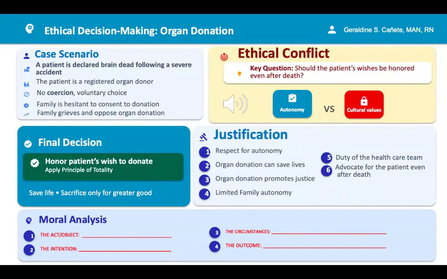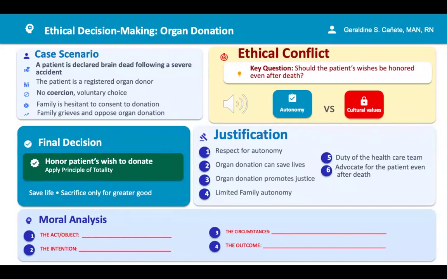Are there any flaws in the reasoning? Are there any alternative ethical frameworks that would lead to a different conclusion? Are there any cultural or religious beliefs that would justify overriding the patient's autonomy in this case? What are the potential long-term consequences of prioritizing autonomy over family wishes in cases like this?